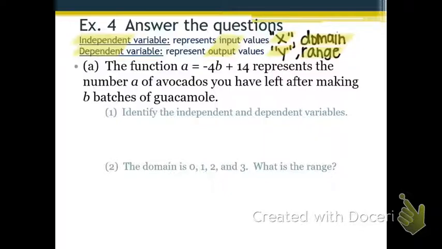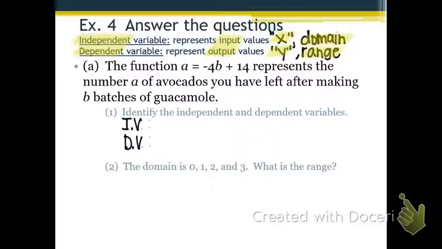Now, look at letter A. It says the function A equals -4b plus 14, and it represents the number A of avocados you have left after making B batches of guacamole. So number 1 says, identify the independent and the dependent variable. So we're going to write down IV for independent variable, and we're going to write down DV for dependent variable.